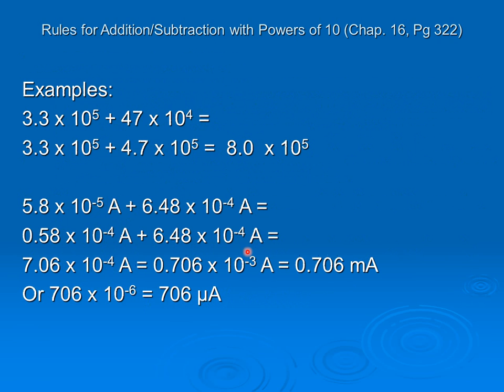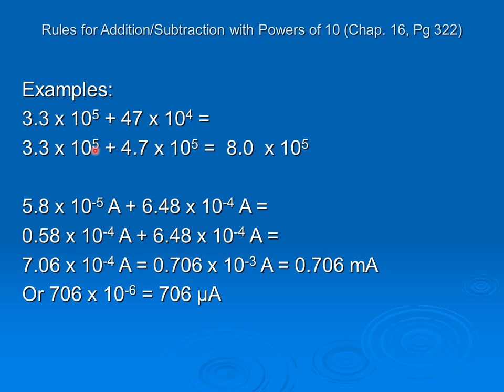Okay? For example, let's say you are adding 3.3 times 10 to the power 5 plus 4.7 times 10 to the power 4. But at this point you cannot add these because the power of 10 is not the same. To add it, we have to make the power of 10 the same. So we keep this one as it is and we adjust the other to 10 to the power 5.